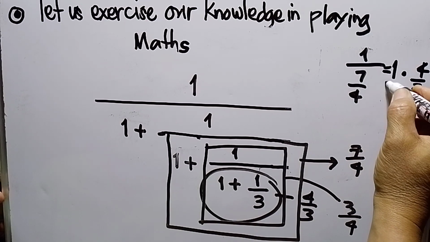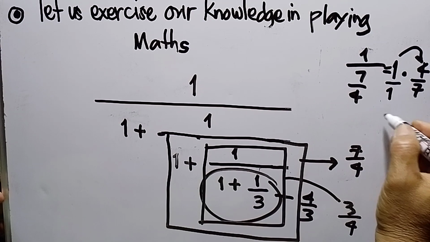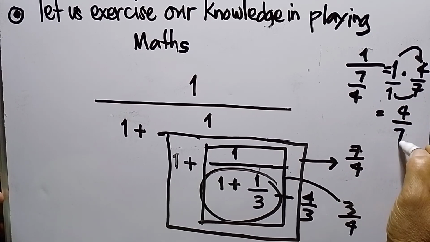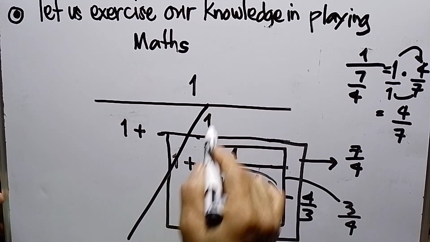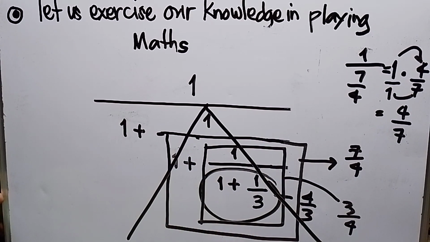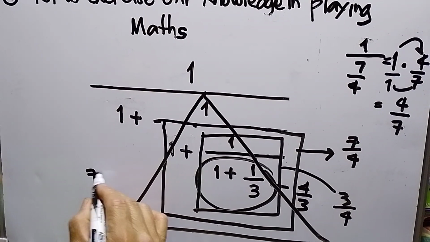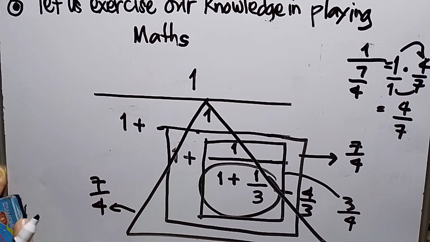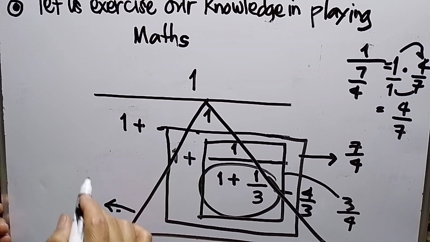Since I don't have a denominator, I will put 1. And then multiply numerators. 1 times 4 is 4. And then 1 times 7 is 7. So I've got 4 over 7. This triangle will be 4 over 7.